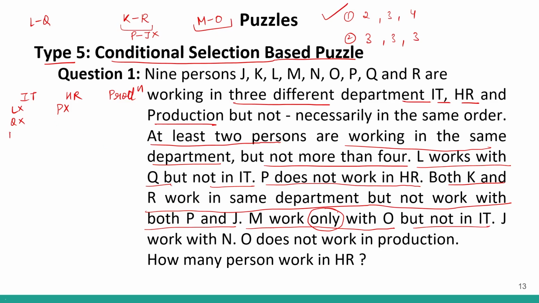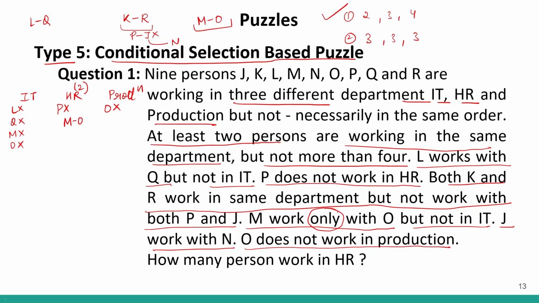So IT cannot have M, IT cannot have O. J works with N, and O does not work in production. So O cannot come in production, and O cannot come in IT. So O can come in HR, so MO will come here. That means HR will have two people. Now we have to see between IT and production.